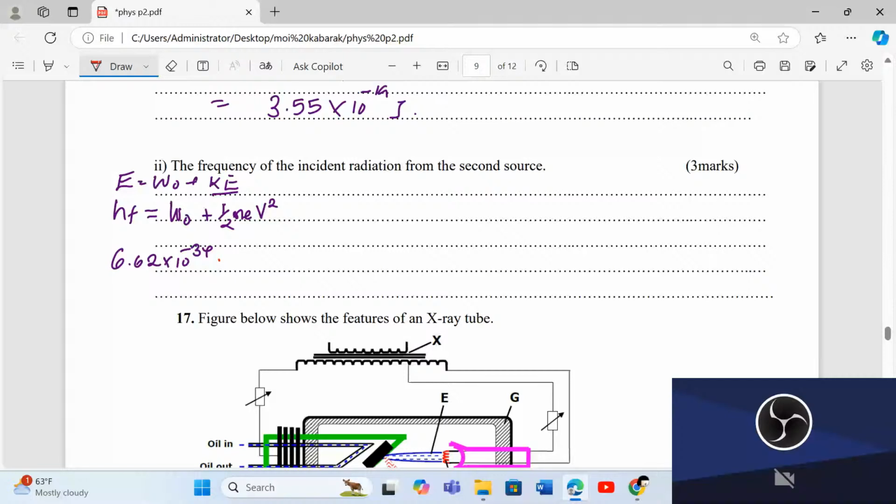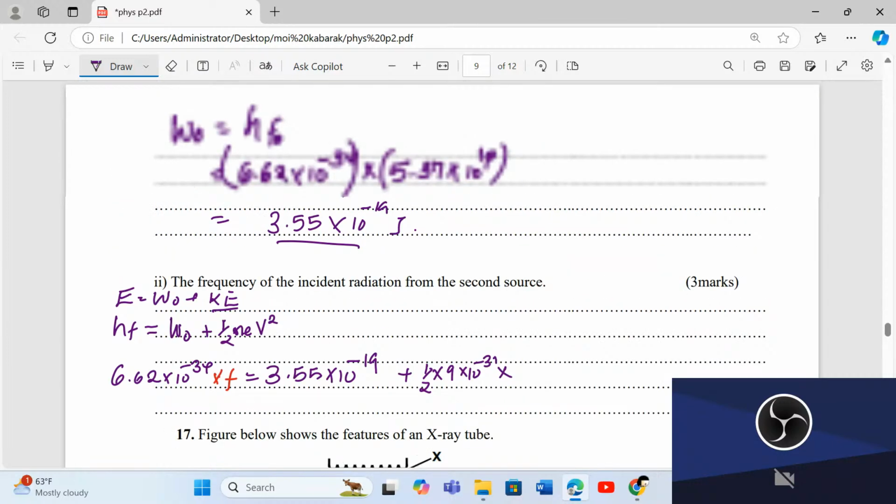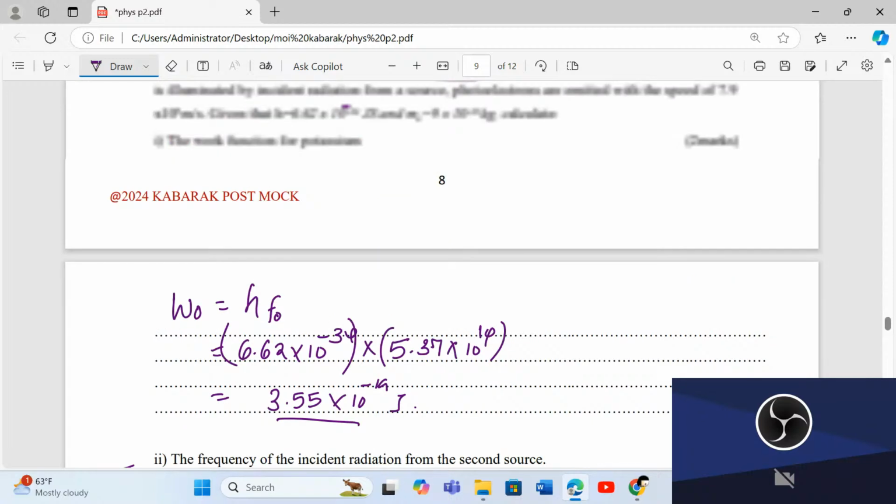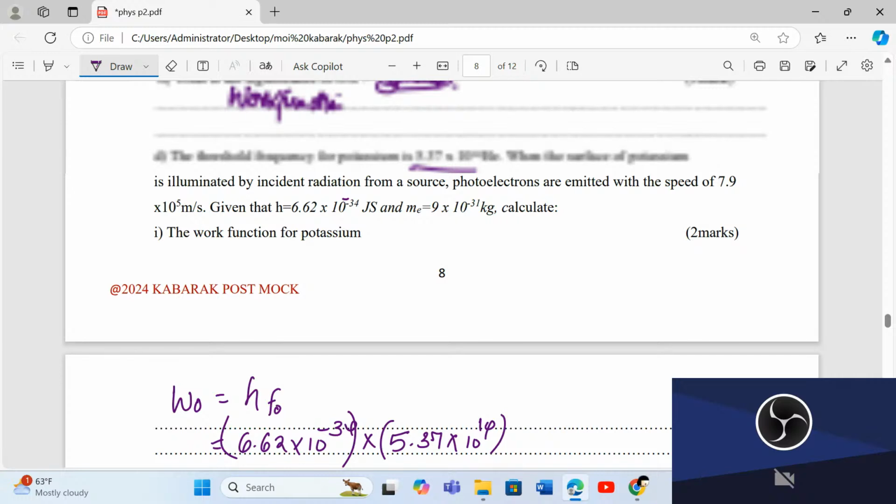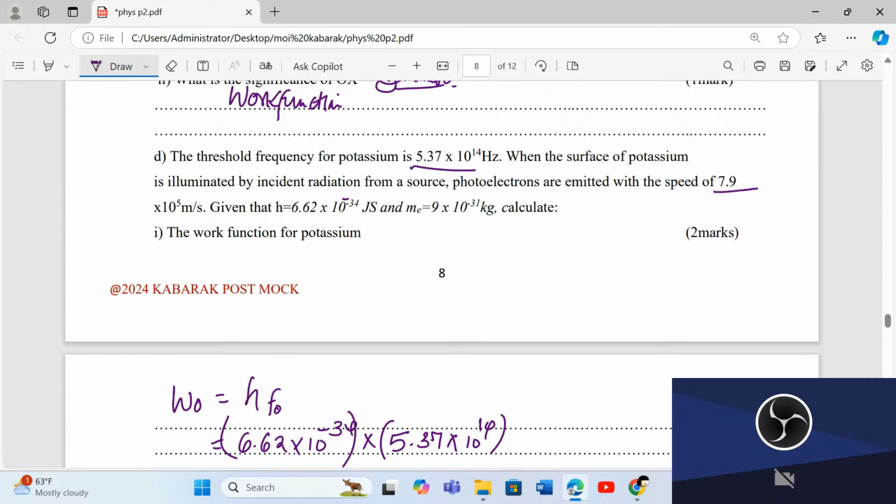is equals to work function, which is this 3.55 times 10 raised to power negative 19, plus half m v squared, where v we have been given from the question as 7.9 times 10 raised to power 5 meters per second.